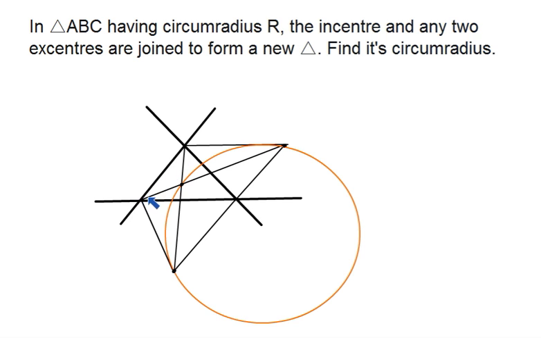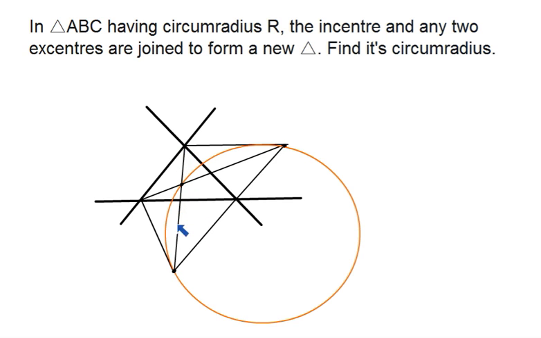So you can see that here the triangle is ABC, which is already drawn, and the construction is something like this. One interior angle bisector is considered, another interior angle bisector is considered, so they will be meeting at the incentre of the triangle.